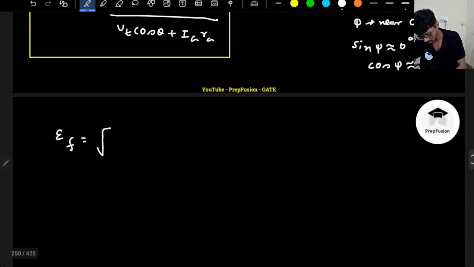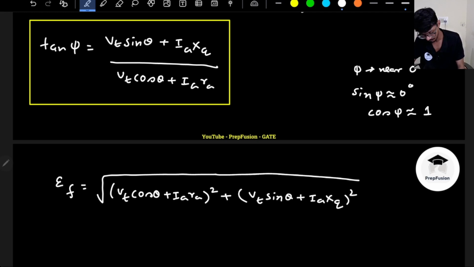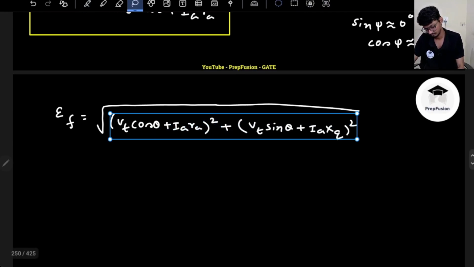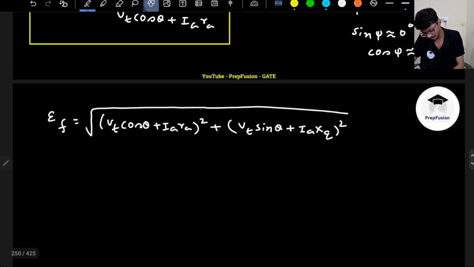So Ef will be equal to the square root of (Vt cos theta plus Ia Ra) whole square plus (Vt sin theta plus Ia Xq) whole square. These two formulas, if you are able to remember, that's good for you.